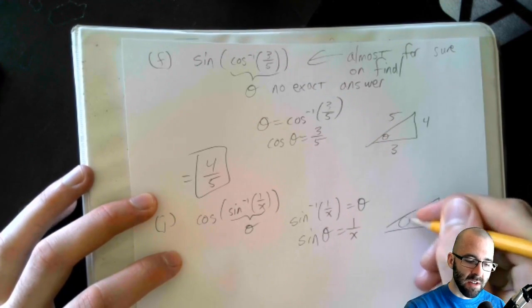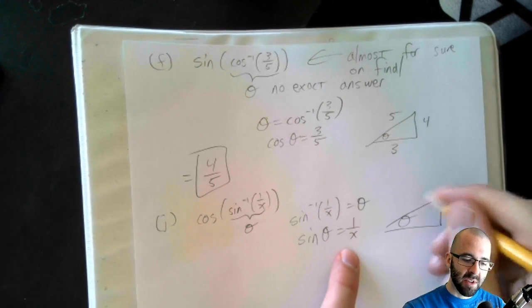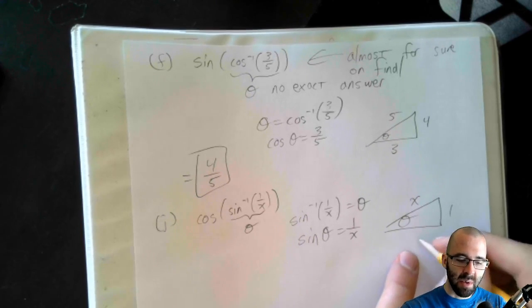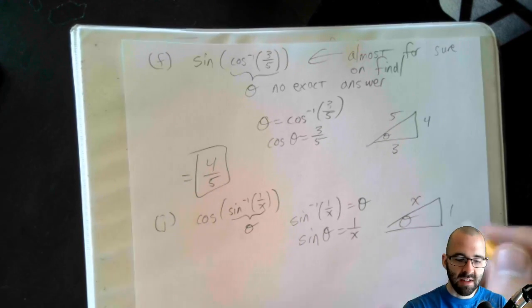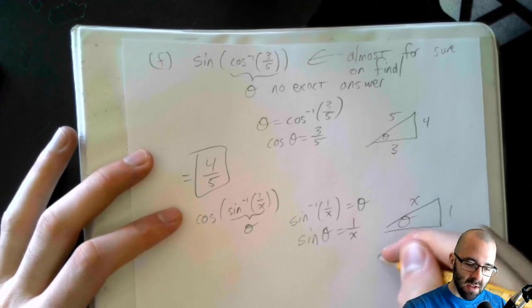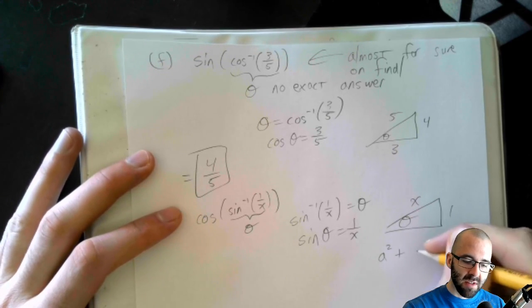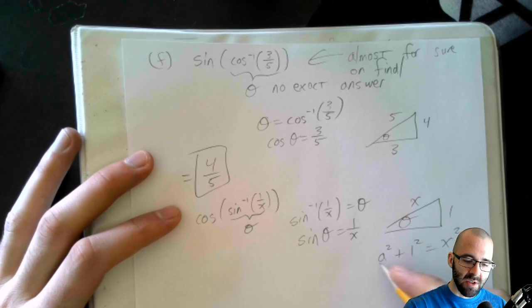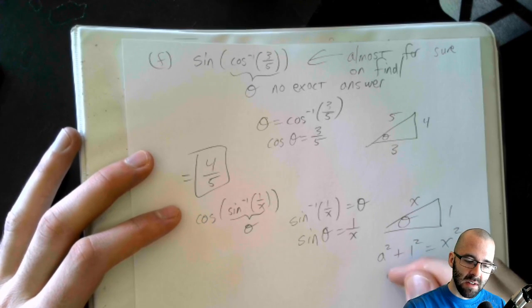You just draw a triangle. Sine is opposite over hypotenuse. We need to find the cosine of this angle, so we need this adjacent side. So Pythagorean theorem: one side plus the other side squared is the hypotenuse squared, and you just solve for this other side.